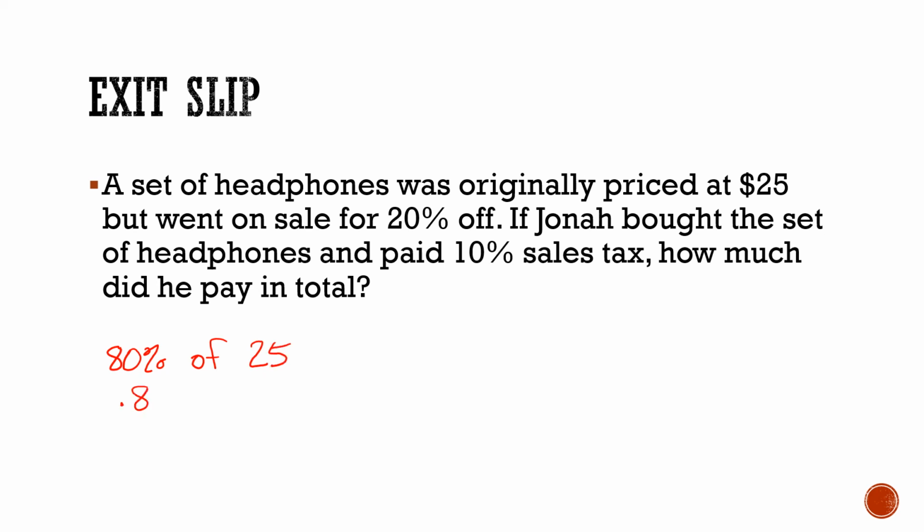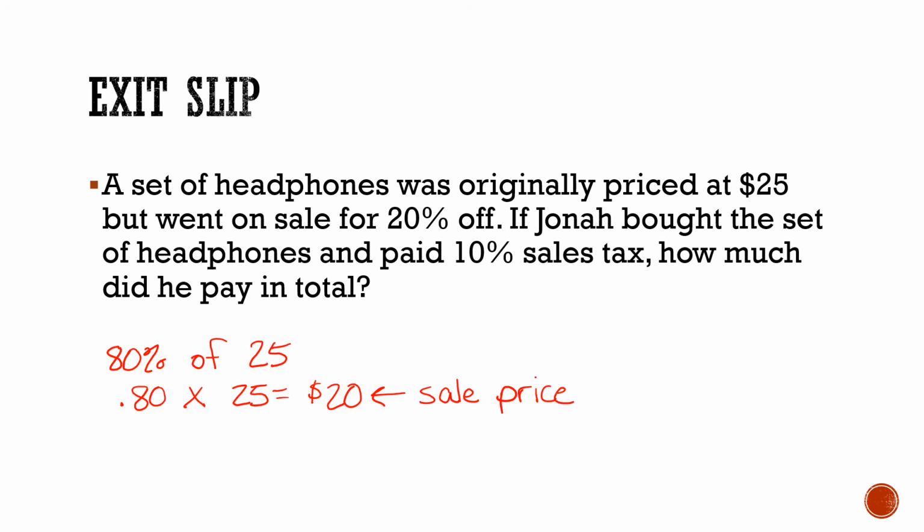So 0.80 times 25 would save you the step of subtracting because we've already subtracted that 20 from 100 to figure out what percentage we're paying of the original price. So you're going to do 0.80 times 25, which is 20. So that means you're paying $20 for the headphones. So I'm going to write down my sale price.